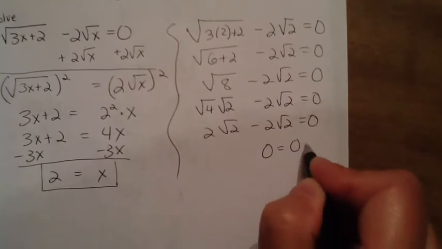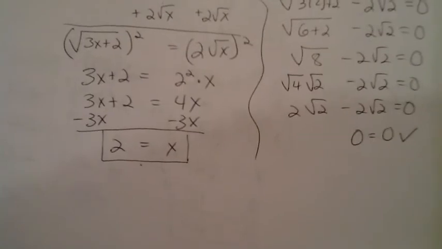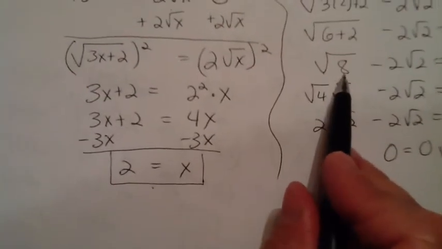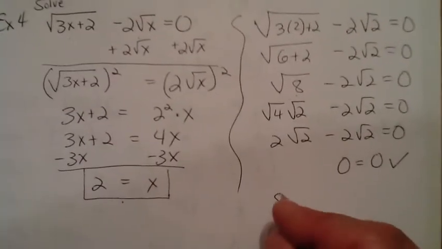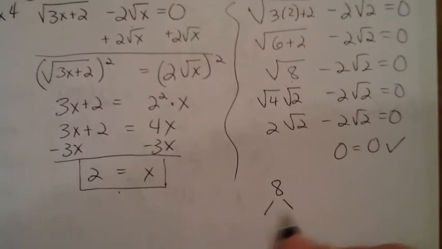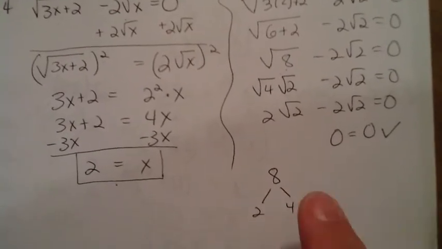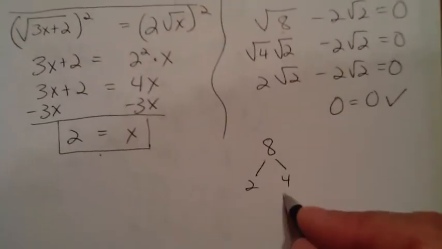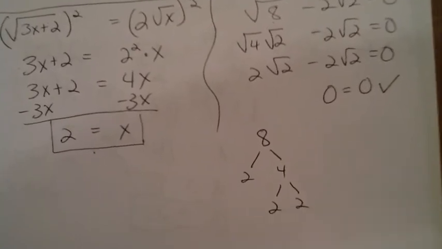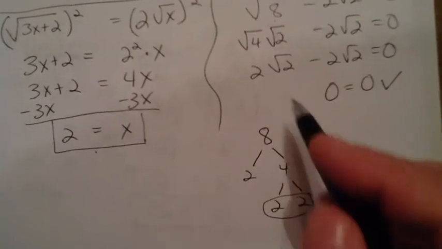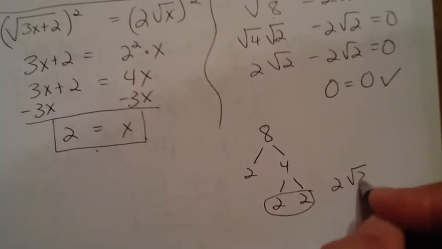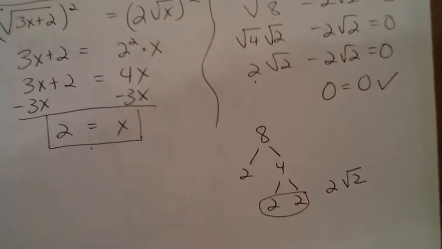Does 0 equal 0? So that's a correct answer. If you're looking for some perfect squares, we could always do a factor tree. That's 2 times 4. That's not prime, so we keep going. And as soon as we have a match, that comes out to that. All right?